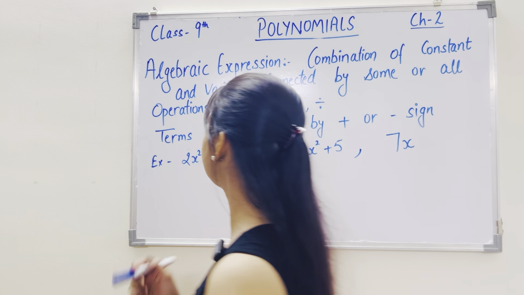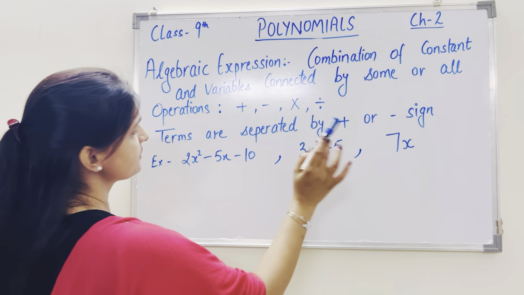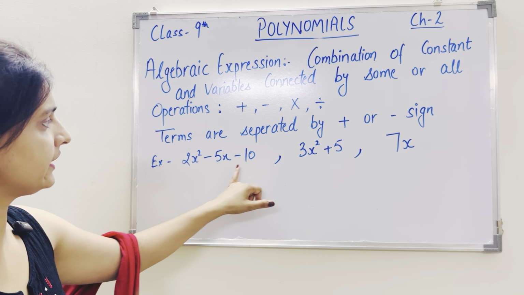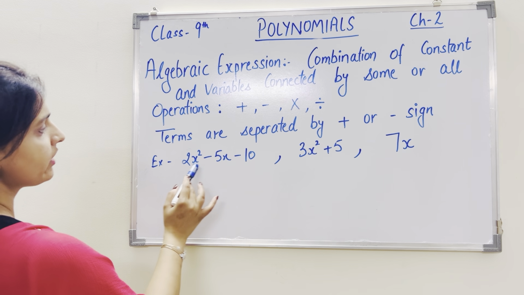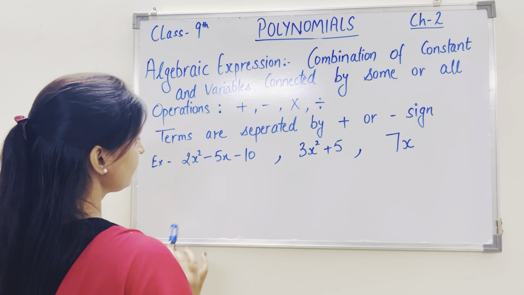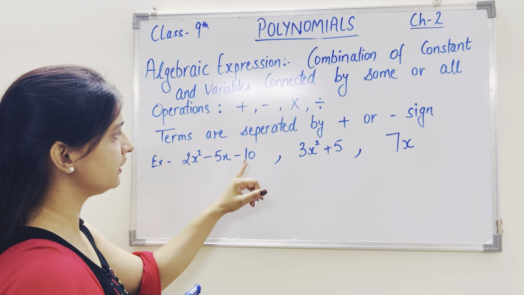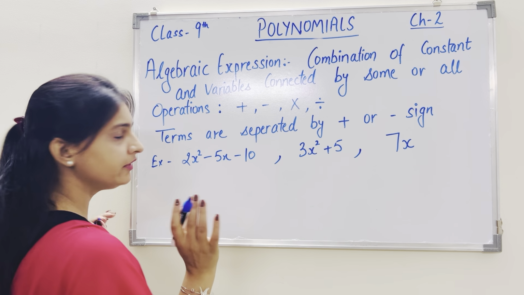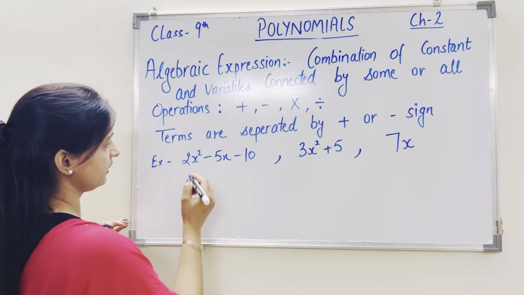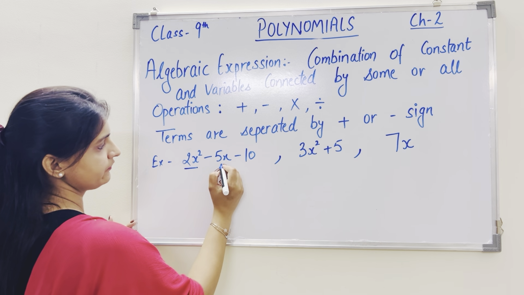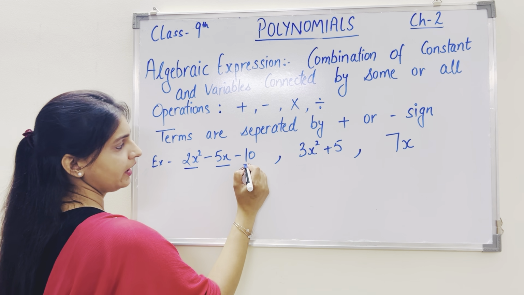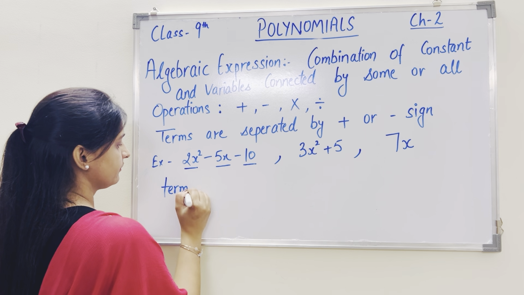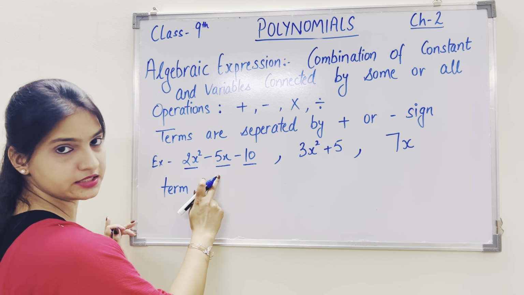What do we mean by terms here? Like I have written one algebraic expression here, that is 2x square minus 5x minus 10. How many terms are in this algebraic expression? As you can see, if we count the number of terms, this is one term, two terms and three terms.